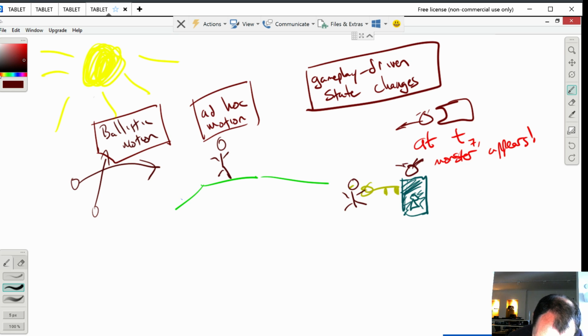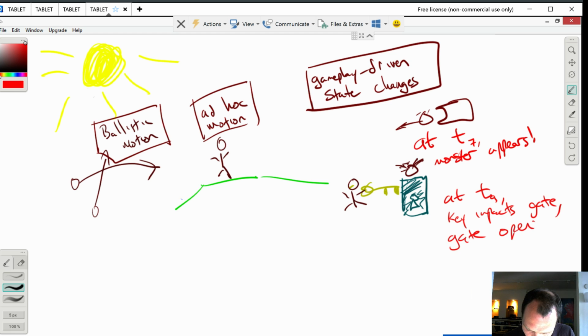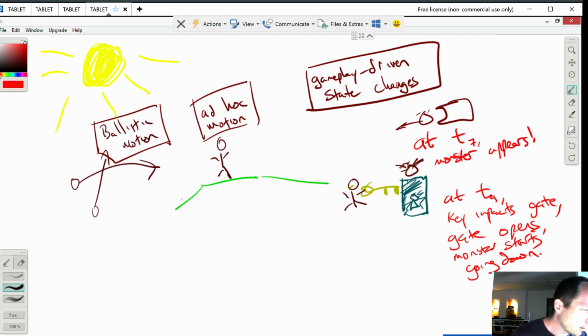I didn't end up doing this anytime in Braid, I don't think, but some mods did it, right? So at T9, or T whatever, key impacts gate, gate opens, monster starts going down, right? The physics engine can't predict that the monster starts going down because that's determined by what some gameplay code on the gate is doing, right?